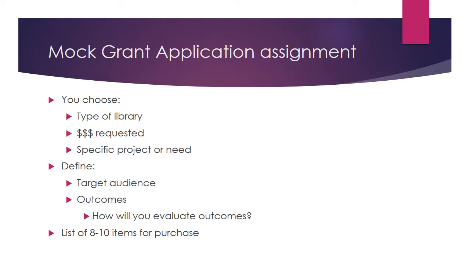We're going to develop a library collection responsive to the needs of this particular group of students. Once you have an outcome, and you need to do two of these, but we'll just do one as an example, you need to think, well, how am I going to evaluate that? So your outcome you have to be able to evaluate in some way.